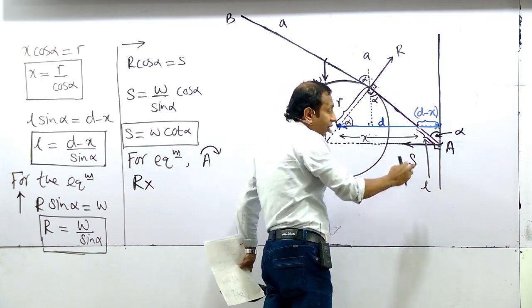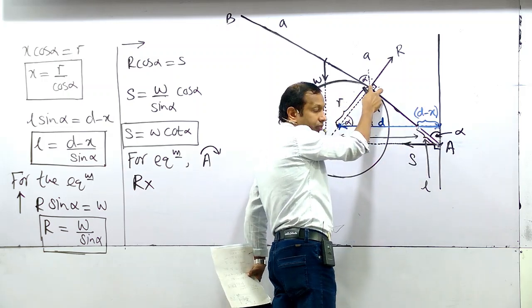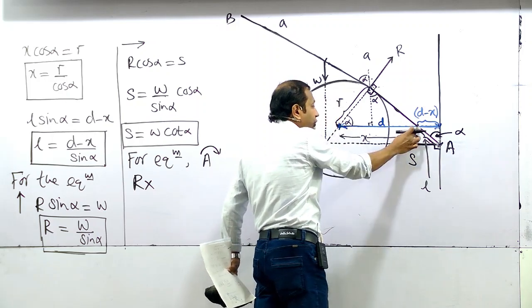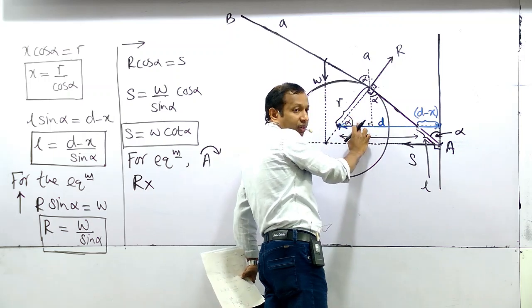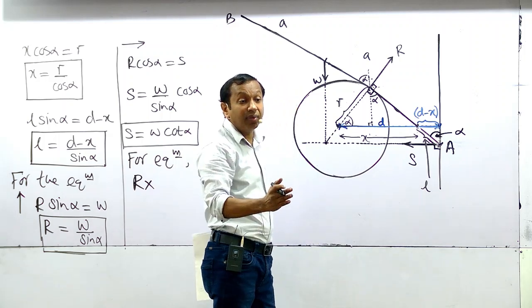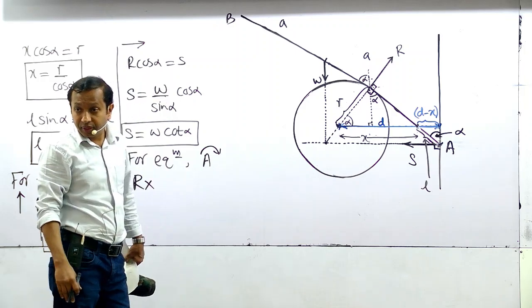What is that? L plus this part, no? What is that part? Here to here, we assumed as x. This is alpha. Then what is this? x sin alpha. L plus x sin alpha. Understood? L plus x sin alpha.